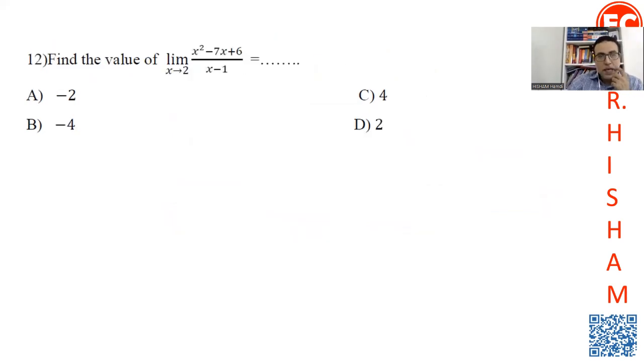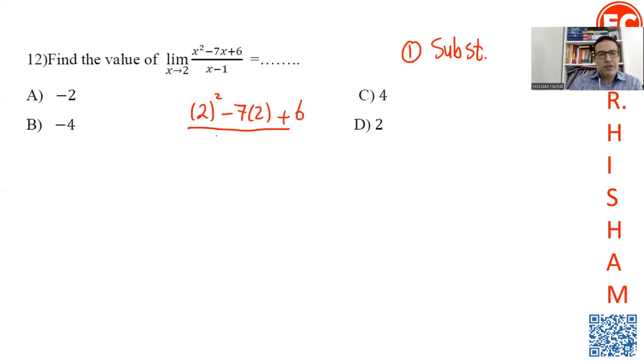Question number 12. Limit. This is not a limit to infinity, and a limit is totally different than a limit to infinity. The first step in any limit in the exam, not to infinity, is substitution, to replace the value. By replacing the value with 2, all you have to do is calculations.